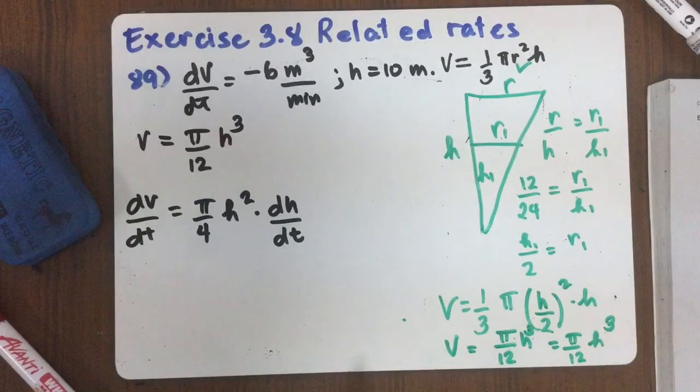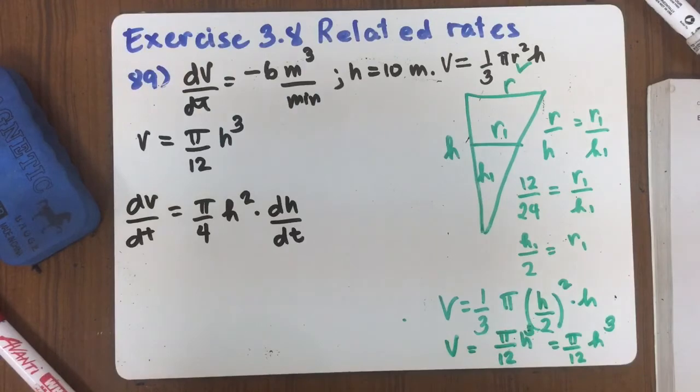Nag-apply lang tayo ng chain rule. Now we will solve for dH over dt. We will plug in our values. dV over dt is negative 6 cubic meters per minute. H is equal to 10. Solve for dH over dt.